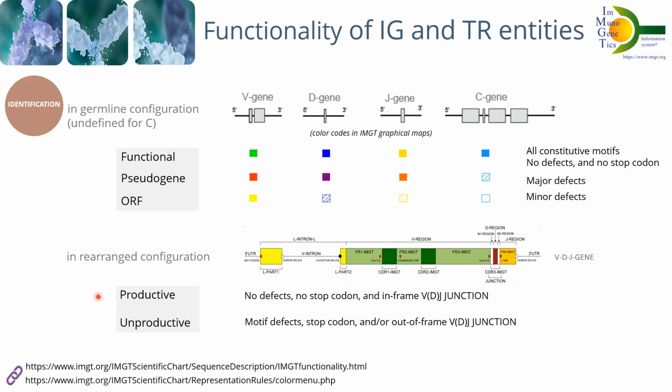Productive identifies the functionality of a reference sequence with an open reading frame, without any stop codon in the coding region, and with an in-frame junction between the V and the J genes. Otherwise, in case of stop codon, defects, or an out-of-frame junction, the sequence is identified as unproductive.